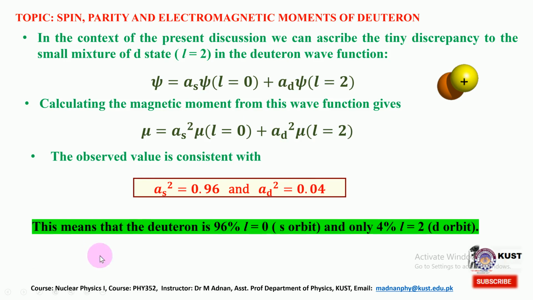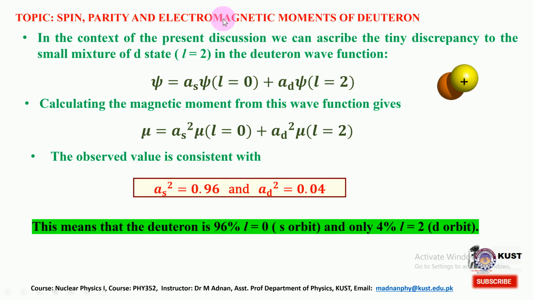So the deuteron is 96% L equal to 0, the S orbit, and only 4% L equal to 2, the D orbit. If you remember, L equal to 0 and L equal to 2 were chosen such that they can give rise to the total observed angular momentum equal to 1.